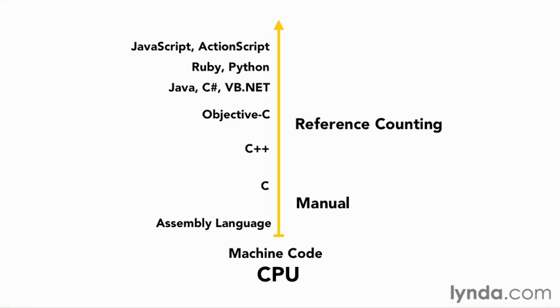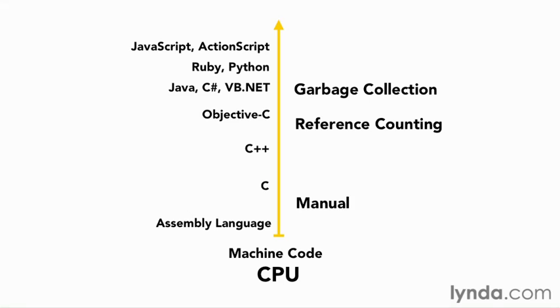Objective-C and C++ can choose to use something called reference counting. This is preferable to manual memory management. It allows us to keep a counter of who's using the object. But rather than manually free the memory, we just allow the system to free it up when it realizes that counter has reached 0. If we move into languages like Java, C#, and VB.NET, there's a memory management technique called garbage collection.